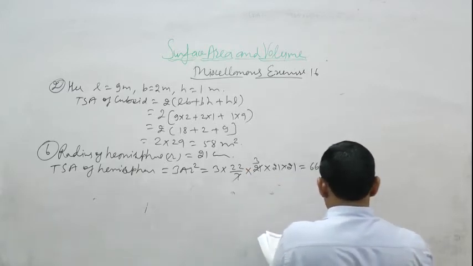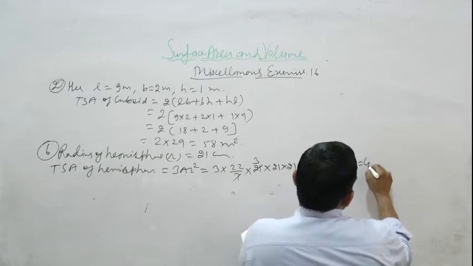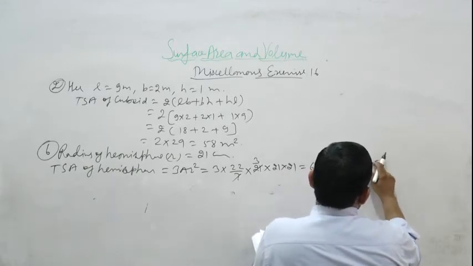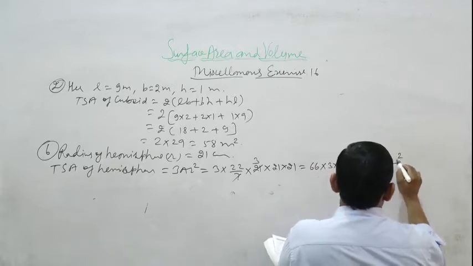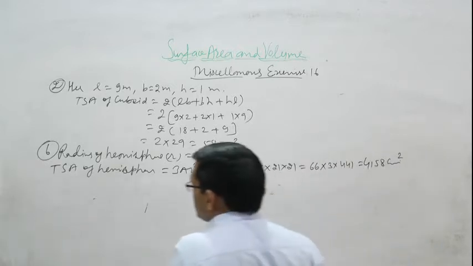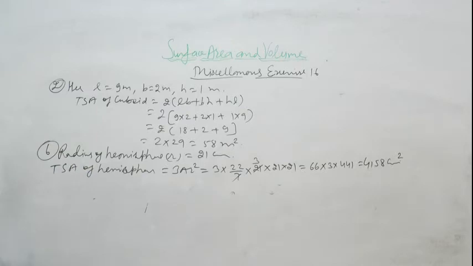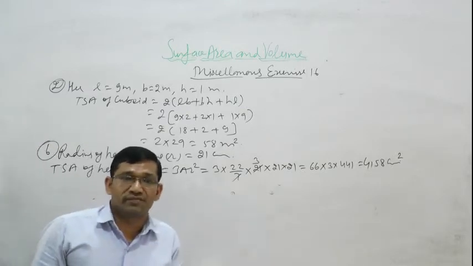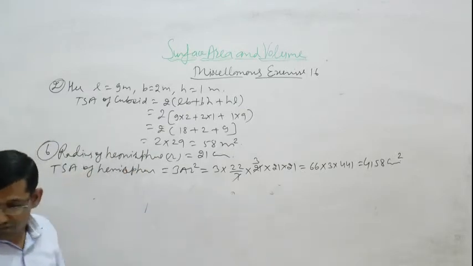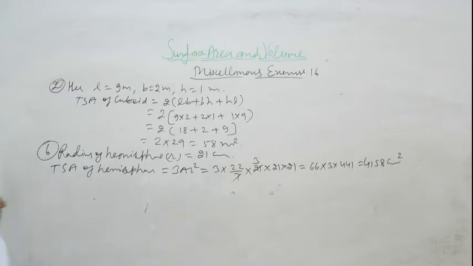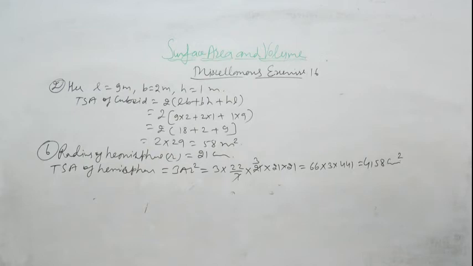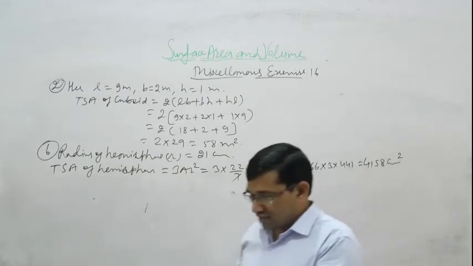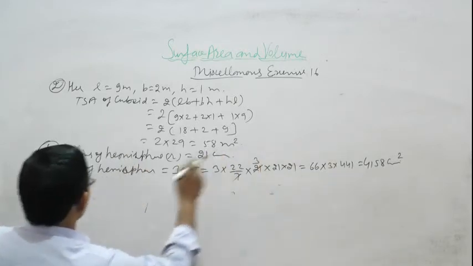We get 4158 centimeter square. This is the total surface area of the hemisphere. So we put the values and after simplification we get 4158 centimeter square.